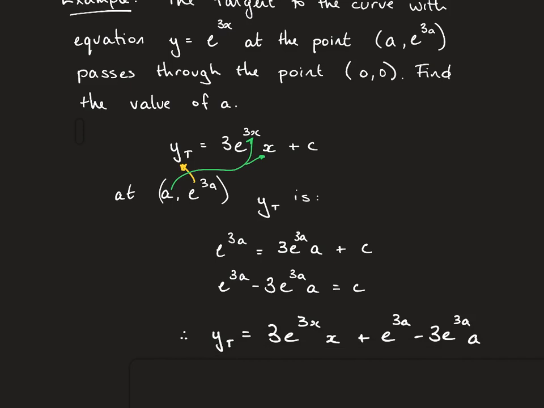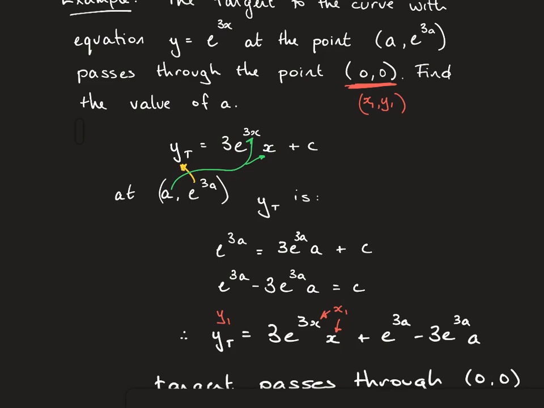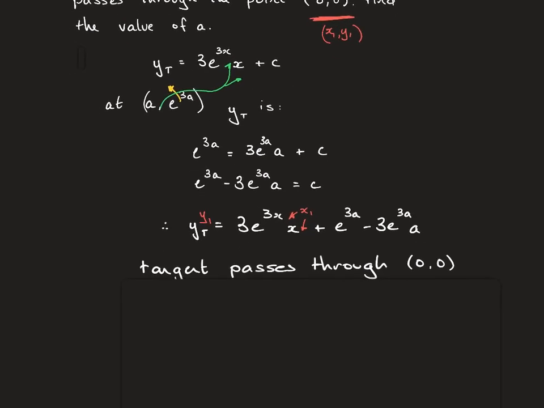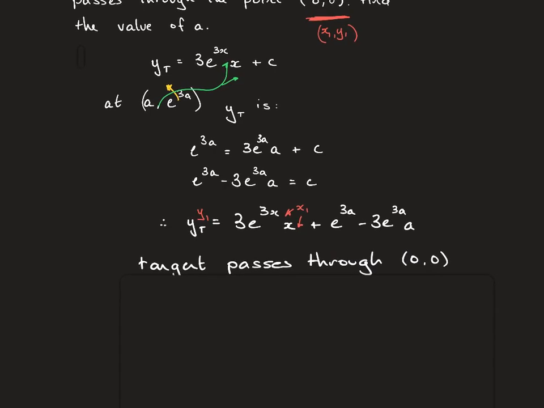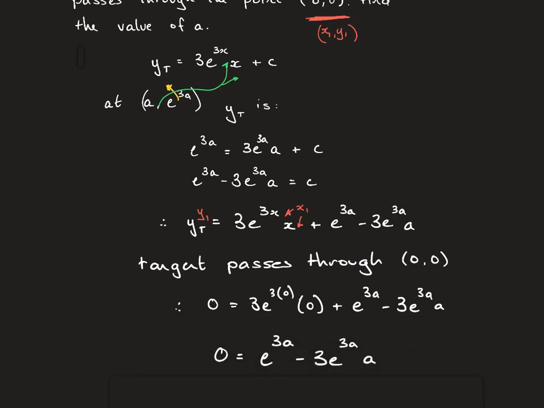So we've got a gradient in there. We can also use this point here as our x1, y1, and we can substitute those values in here. And what we'll have left when we do that is an equation that just has a's in it that we can solve for a.